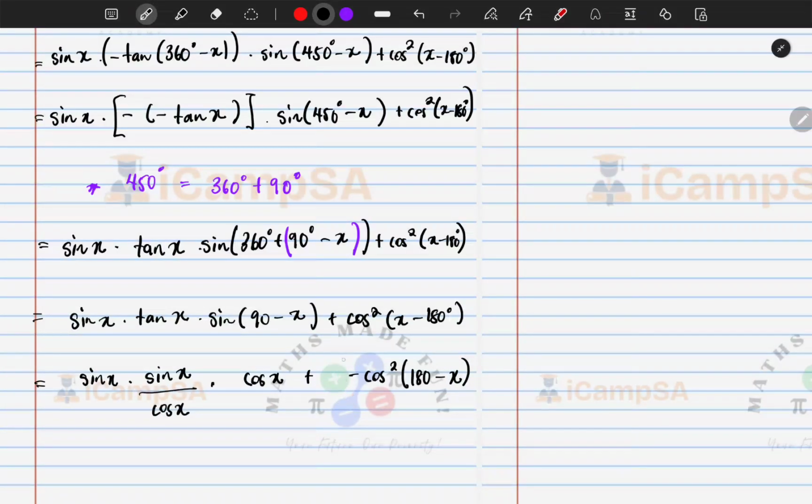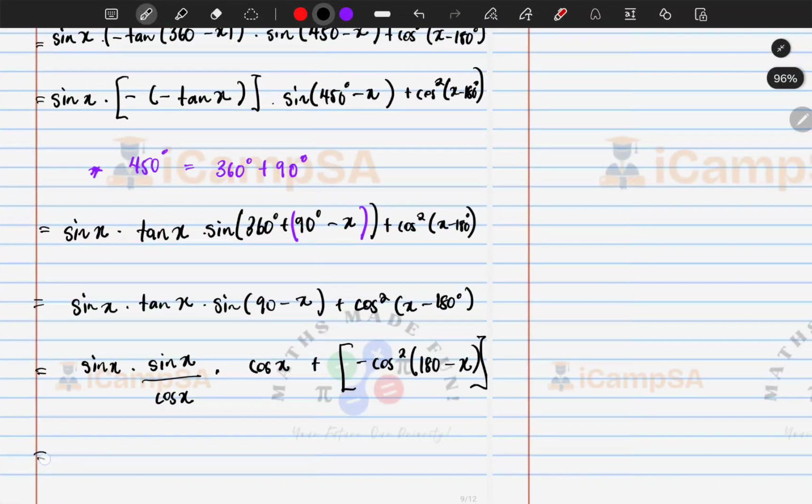Let's just use your square brackets. And then from here I know this and that will cancel, and then sine x times sine x is going to give me sine squared x, right?